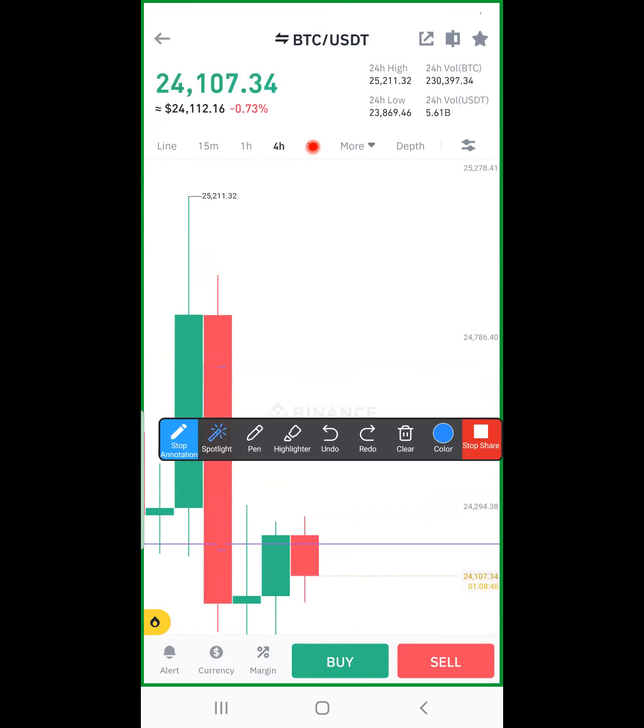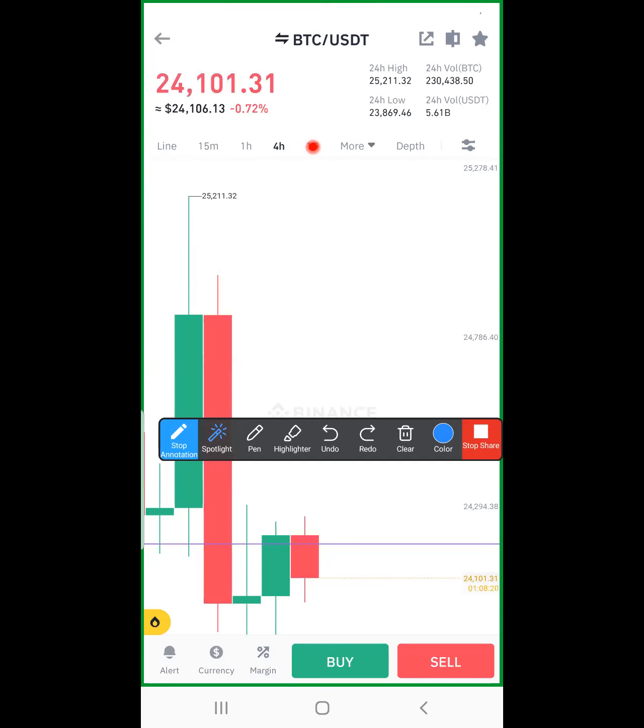It compiles all the transactions of that period and shows us how it all went. As the price is going down, were the sellers more than the buyers? Or has the price gone up, meaning the buyers have been stronger than the sellers?